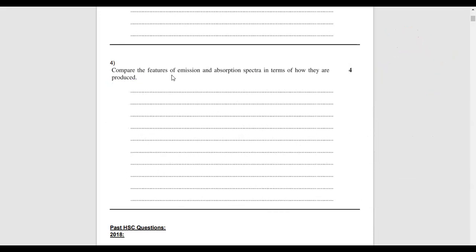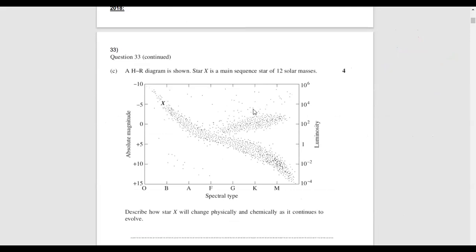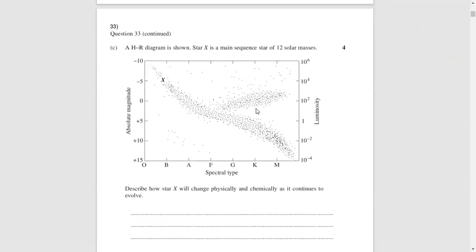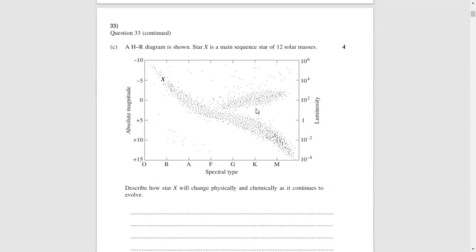Let's work through this one. A Hertzsprung-Russell diagram is shown. X is a main sequence star with 12 solar masses, and you can see it's quite high class and quite bright. Describe how star X will change physically and chemically as it continues to evolve, for 4 marks.